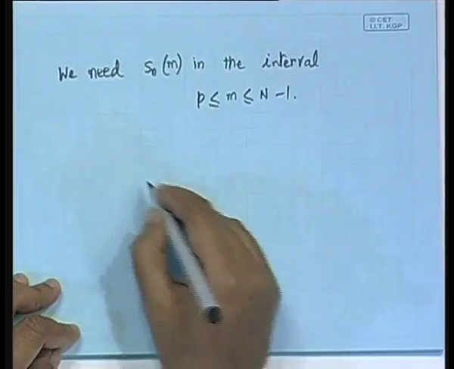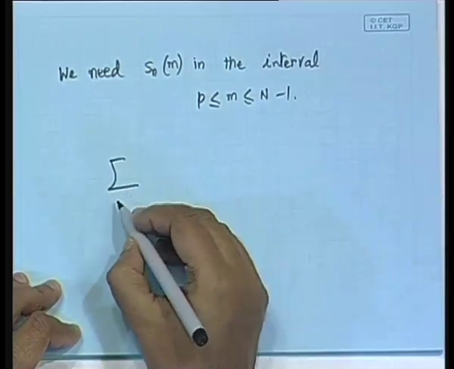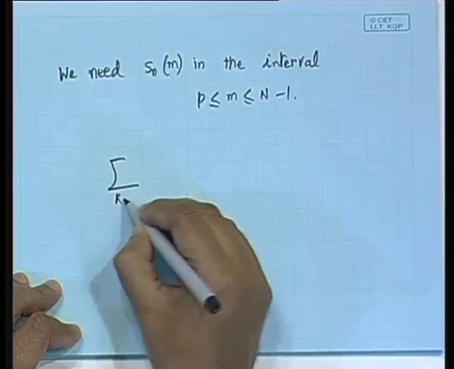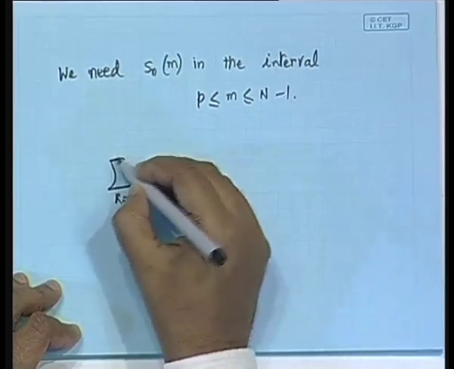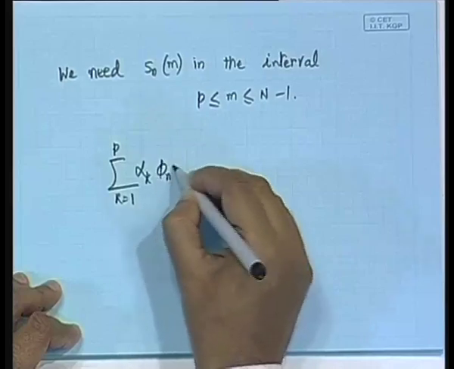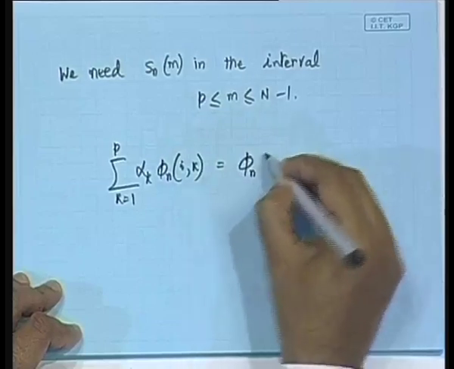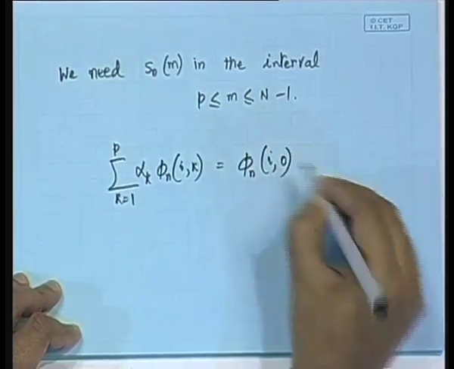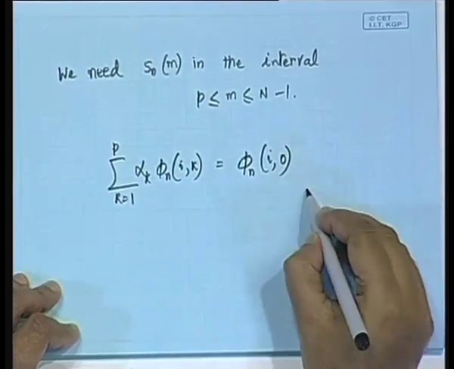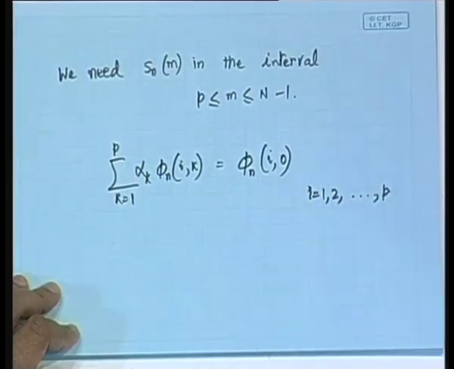The set of equations now becomes the summation k is equal to 1 to p of alpha k phi n I k, which is equal to phi n I 0, for I is equal to 1 to p.